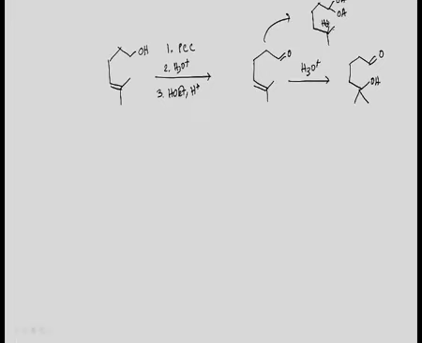And then under acid condition what will happen? Under acid condition this OH will react with the aldehyde, or this will react with the aldehyde hydrate. Here water will eliminate, and here this cyclic compound will form. So, this is a hemiacetal.